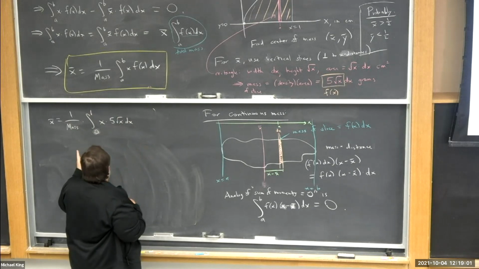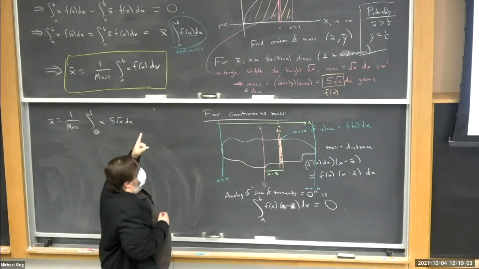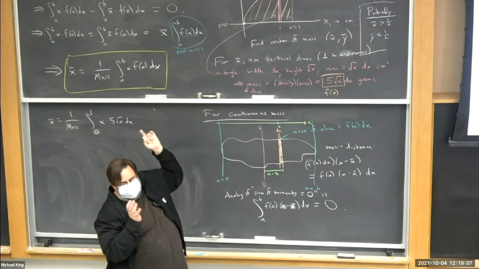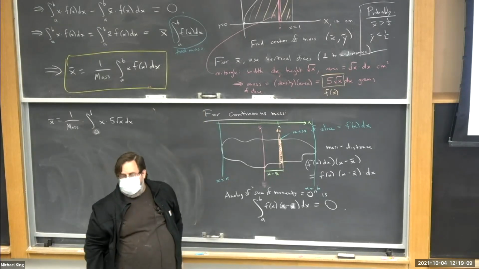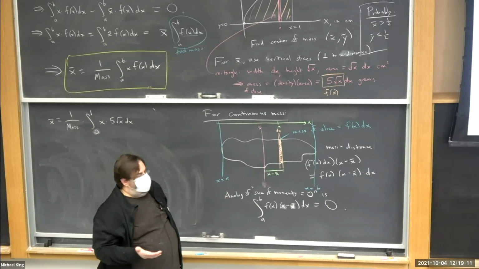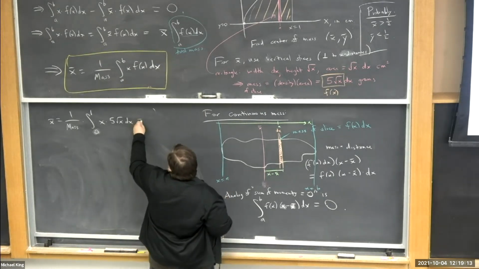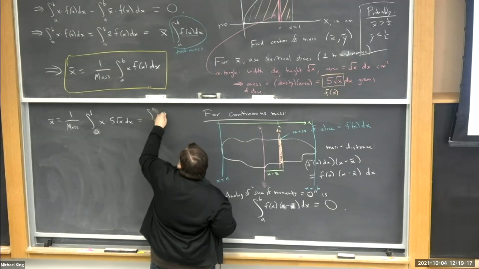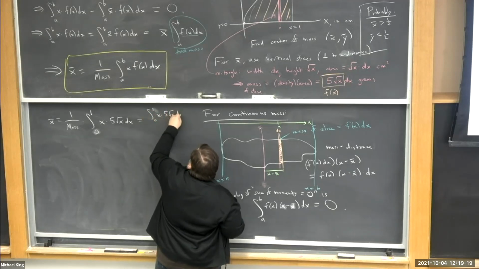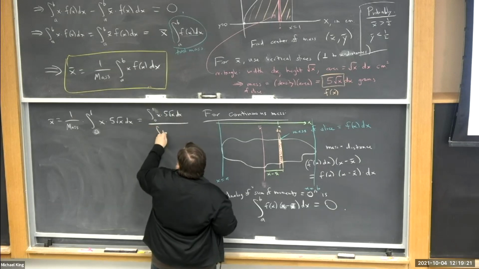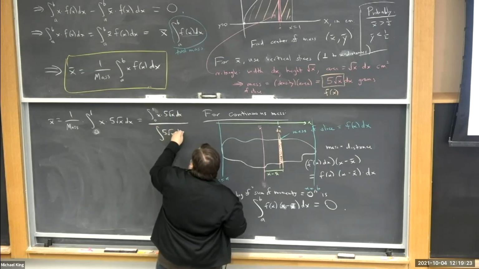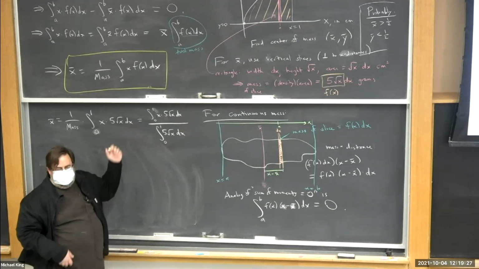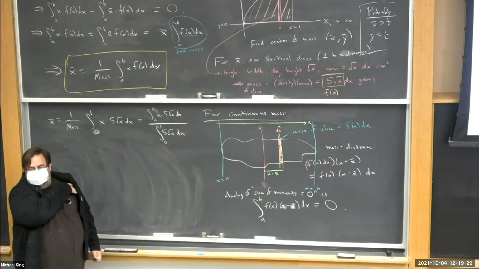But the mass is also just the area times the density, and we can find the area of that thing just by integrating the function root x, right? So it's just 5 times the integral of root x, but you could rewrite it this way. The 5 is just there to turn area into mass.